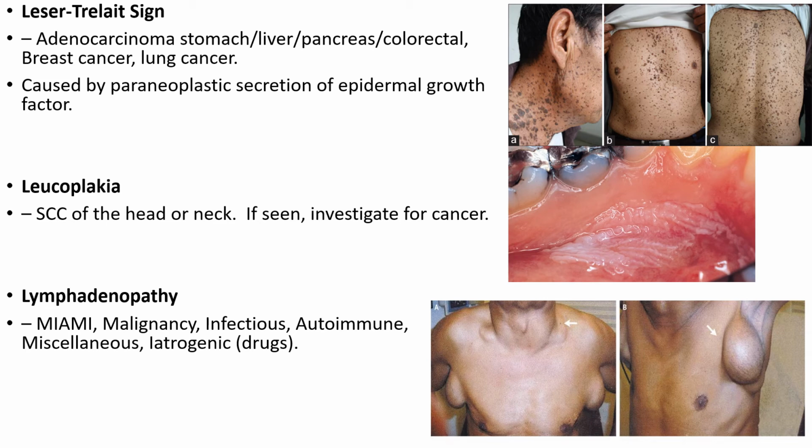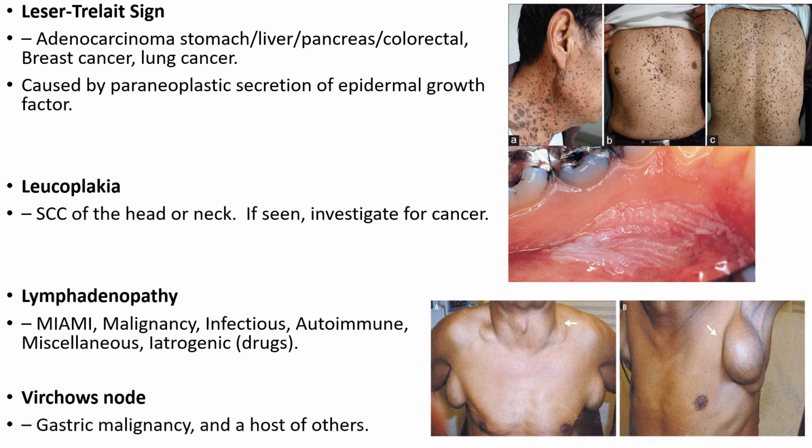It could be autoimmune, it could be miscellaneous, it could be anything, or it could be iatrogenic, for example, drugs could be causing it. And Virchow's node, which isn't illustrated on this, is an enlarged lymph node in the left supraclavicular fossa, which is commonly a gastric malignancy that has metastasized to that spot.